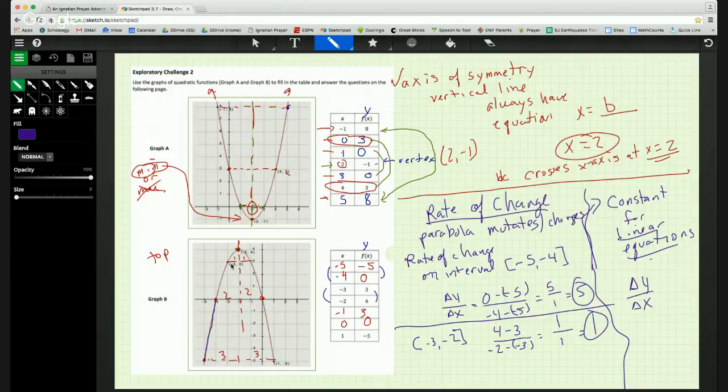So on my interval from -3 to -2, here's my average slope. My rate of change equals 1. My rate of change here is equal to 5. And that's just my average, because this isn't a straight line, but from here to here, I can kind of approximate it. And that's the way that we find rate of change.